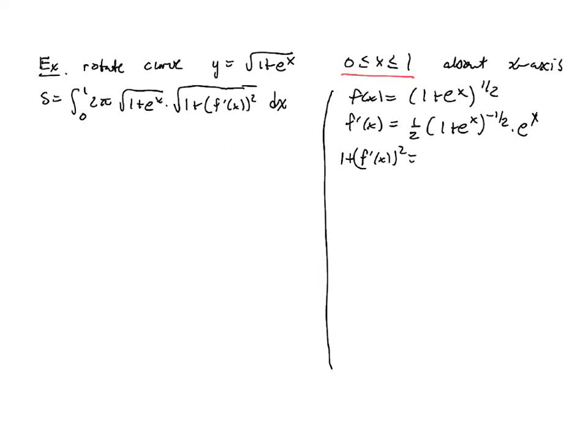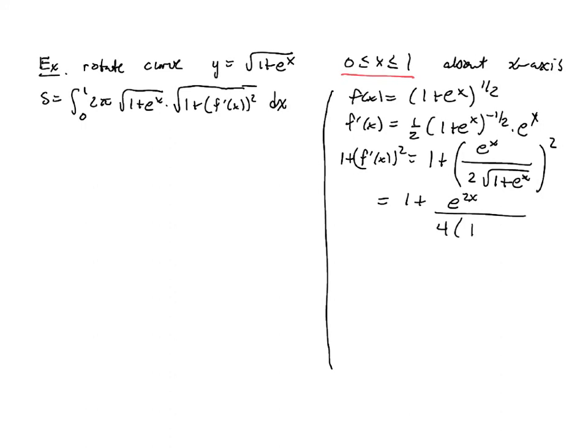So that's going to be 1 plus, now let's convert this all to a fraction, so it's e to the x over 2 square root 1 plus e to the x, squared. So we have 1 plus e to the 2x over 4 times 1 plus e to the x.